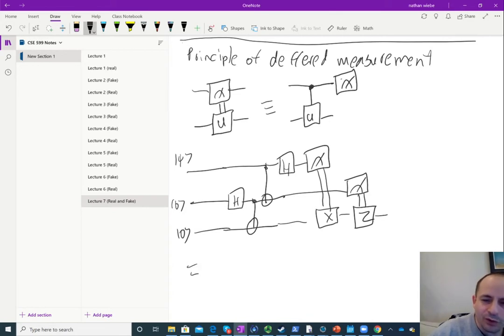So using the principle of deferred measurement, the statistics that we would get by doing this circuit are equal to the same statistics that we would end up getting by doing the following.